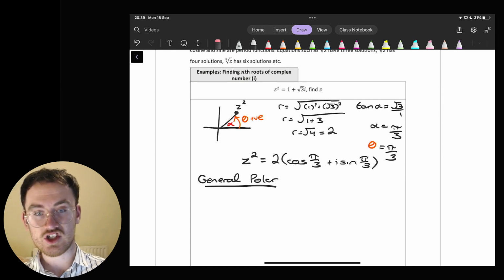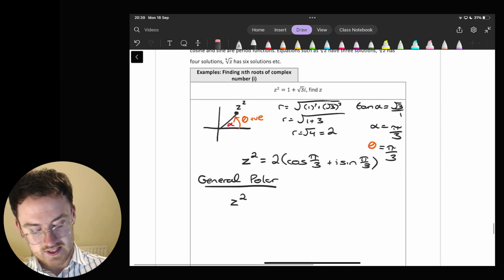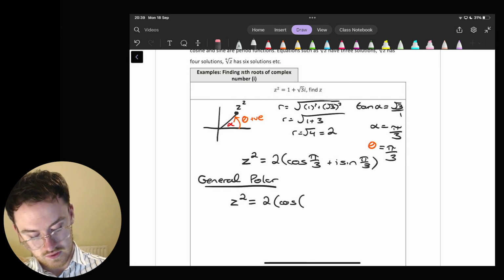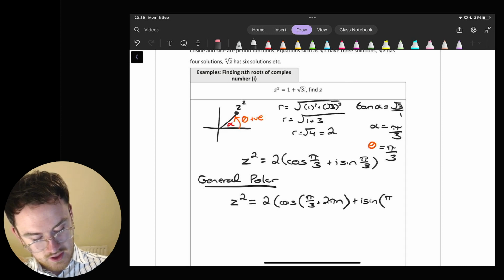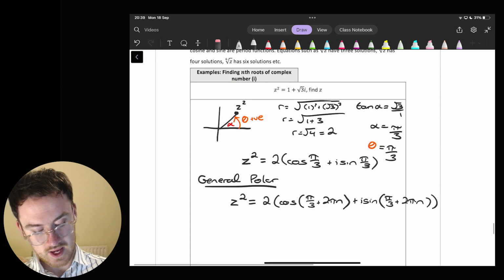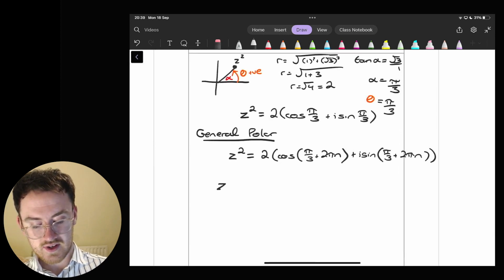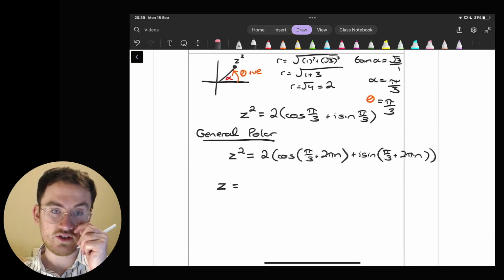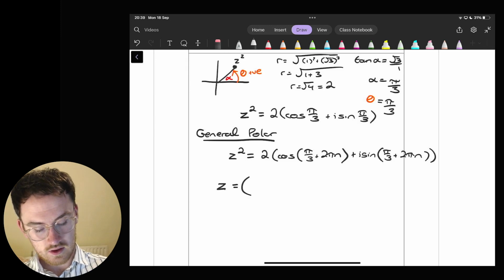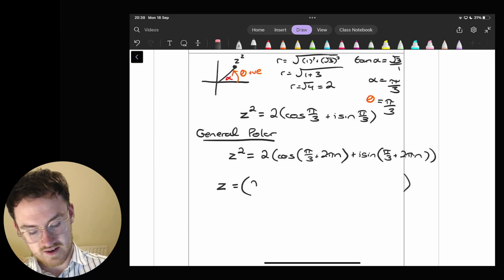So that means that z squared is going to be 2 cos of pi over 3 plus 2 pi n plus i sine of pi over 3 plus 2 pi n. Okay. Now, obviously we want to find the value of z. That's what we're looking for in the question. So that's going to be all of this complex number to the power of half.